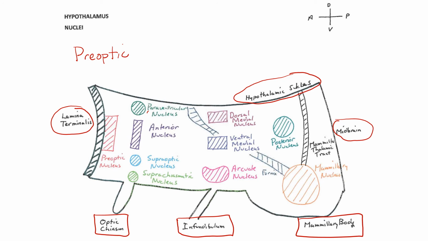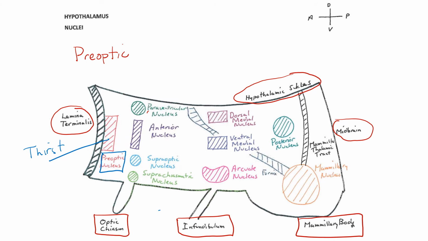And for us, we are going to say that the preoptic group of nuclei is made up of one nucleus. And this is the preoptic nucleus. The preoptic nucleus rests right up against the lamina terminalis. And this is going to be another thirst center associated with our central nervous system.